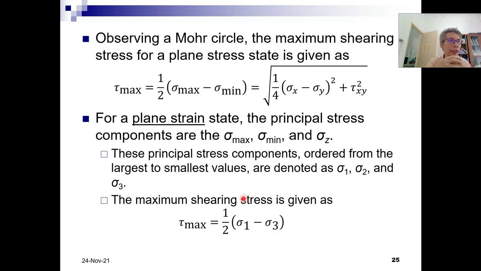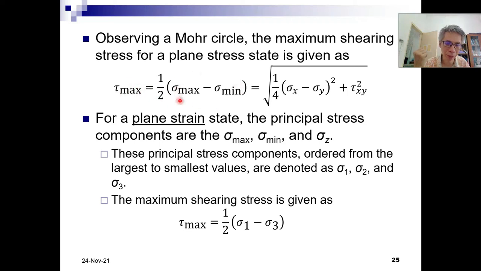Well, if we draw the Mohr's circle that you learned in mechanics of materials, it's clear that for some angles, there also exists a plane where the shearing stress is maximum. And indeed, we can observe this using Mohr's circle. You may refer to your previous course of mechanics of materials that for a plane stress condition, the maximum shearing stress is given by this one.